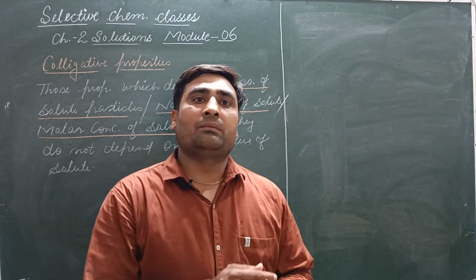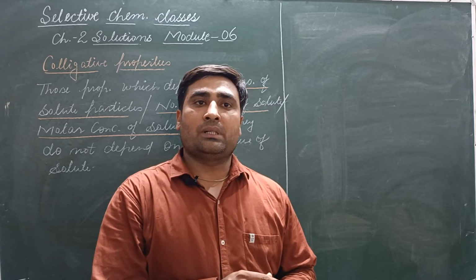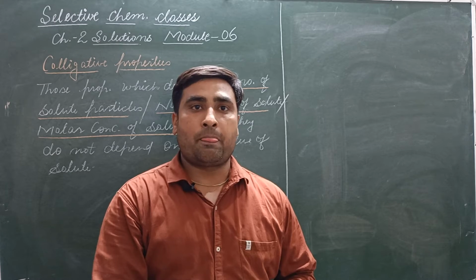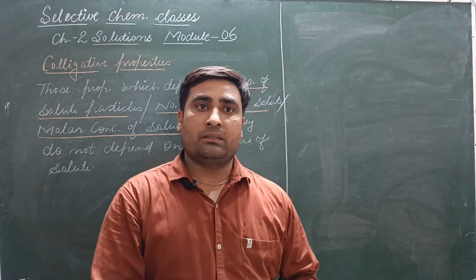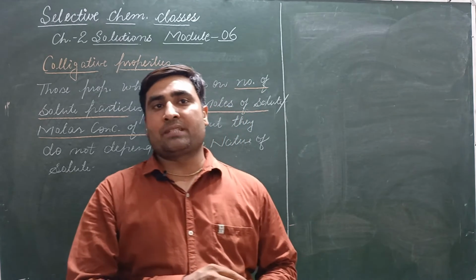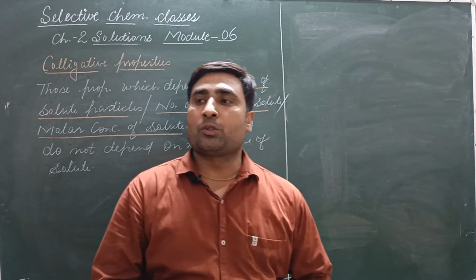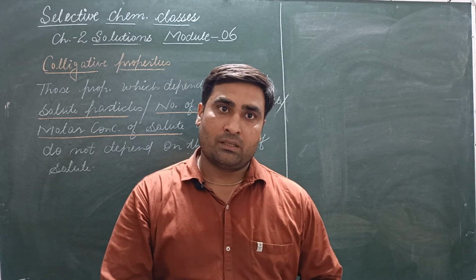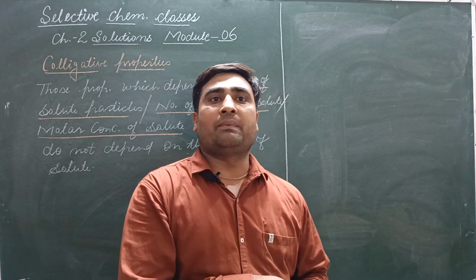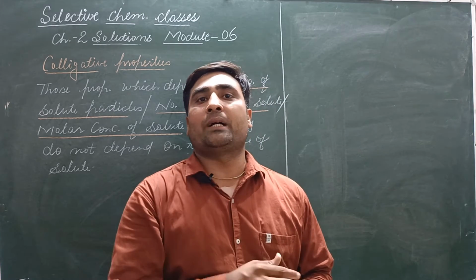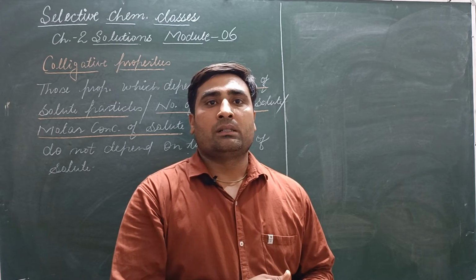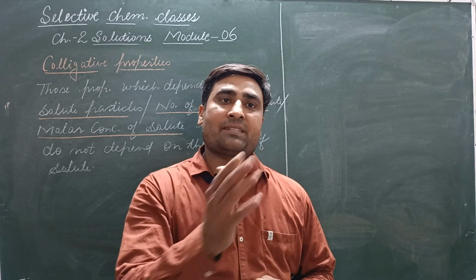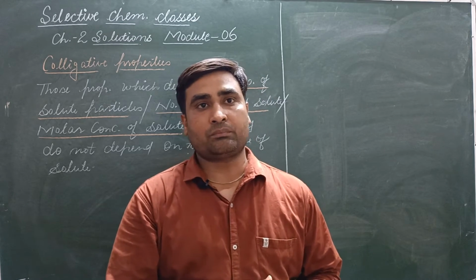In this chapter, we have to concern ourselves with different types of colligative properties. We have to study 4 types of colligative properties one by one. Among those, the first one is relative lowering in vapor pressure. The next colligative property will be elevation in boiling point. The third one will be depression in freezing point, and the next will be osmotic pressure.